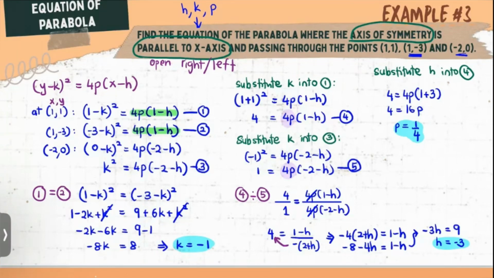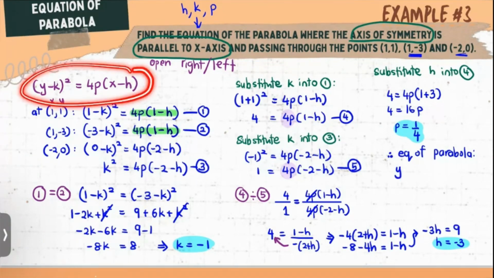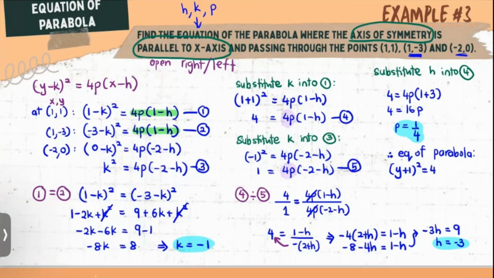Okay. Belum habis. So, last kali, the final answer will be equation of parabola adalah Y. Kita masukkan balik dekat sini. So, Y minus K. So, Y plus 1 squared equals to 4 multiplied by 1 over 4 X plus 3.